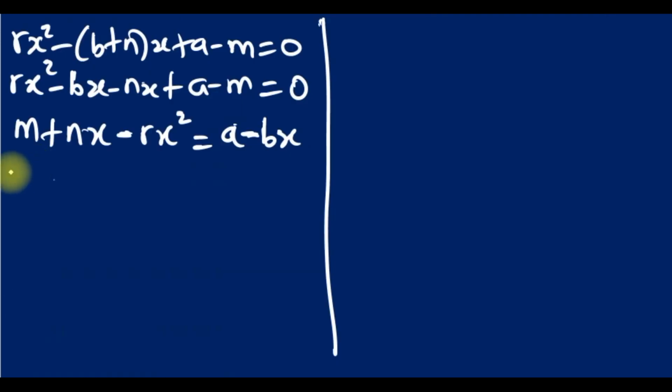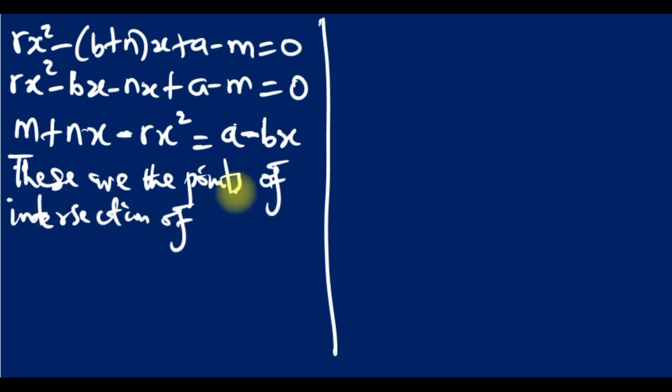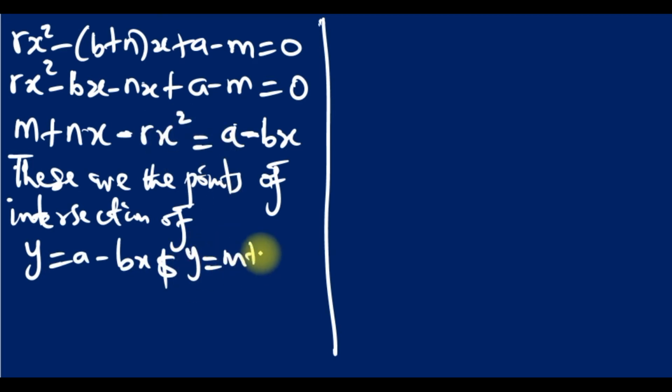So these are the points of intersection of the two curves, which is y equals a minus bx and y equals m plus nx minus rx squared.